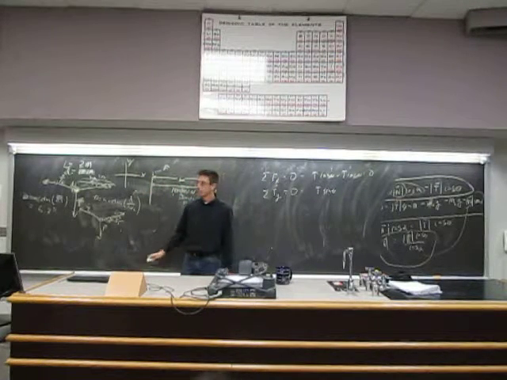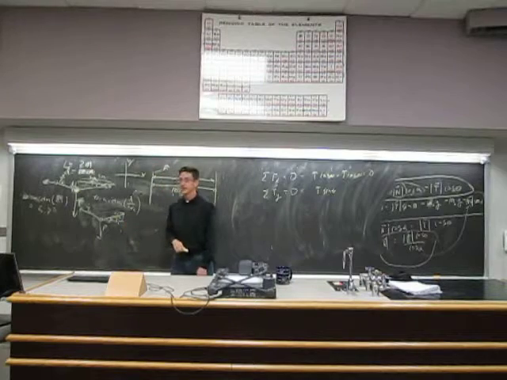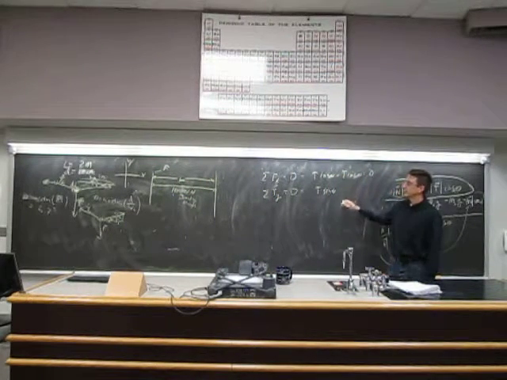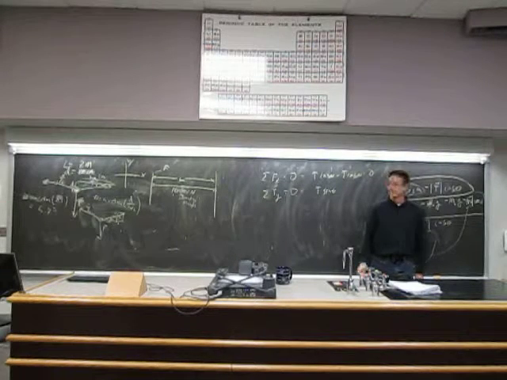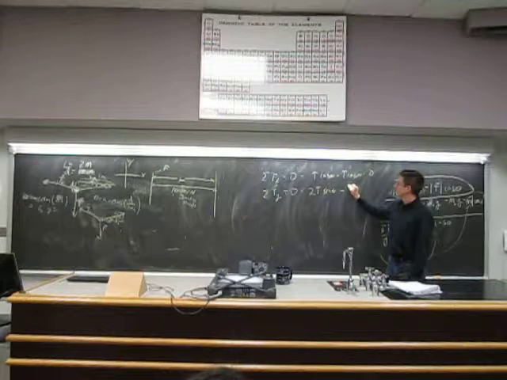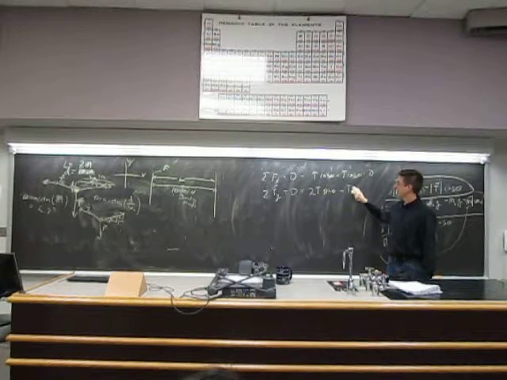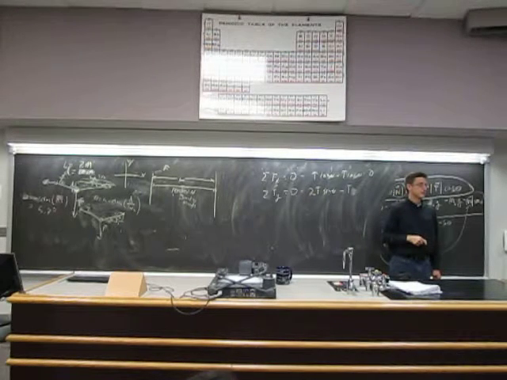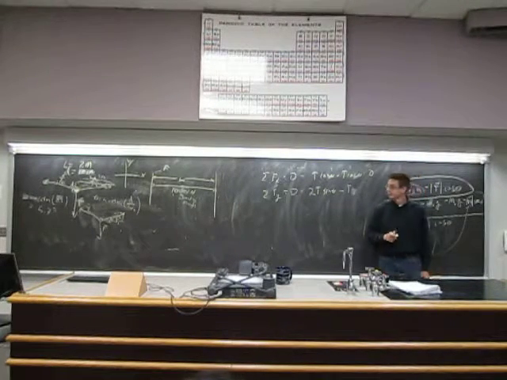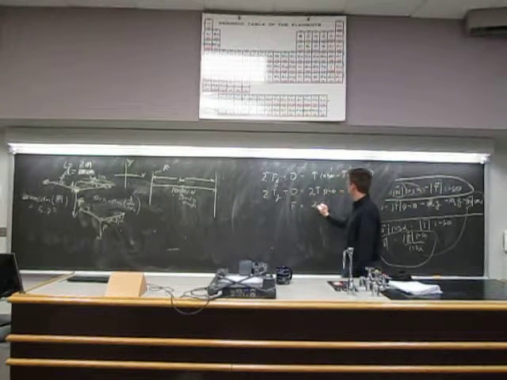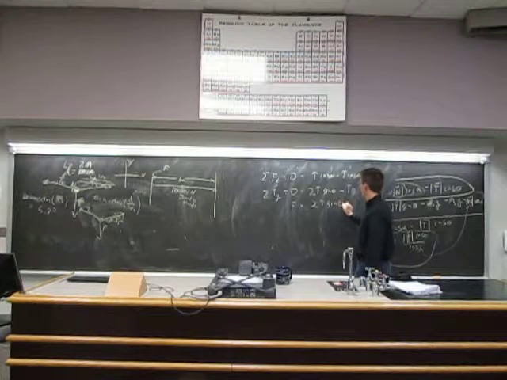Plus T sine of theta on this side, and I get the same thing on the other side, right? So 2T sine of theta, minus that force that I applied, and that's equal to 0, isn't it? So F is going to be 2T sine of theta.